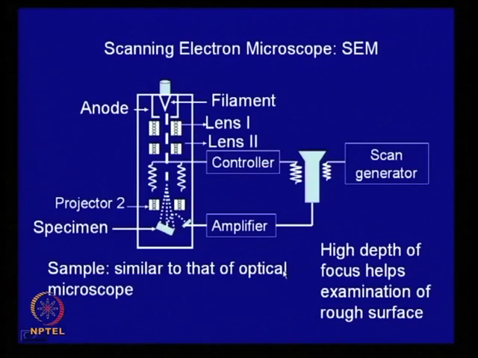Now, the main advantage of this type of microscope is its depth of focus. Its resolving power may not be as high as that of the transmission electron microscope, but it has this one important property. In an optical microscope, to see the microstructure at very high magnification, you need an excellent, mirror-finished surface, and you must bring the objective very close to the sample.